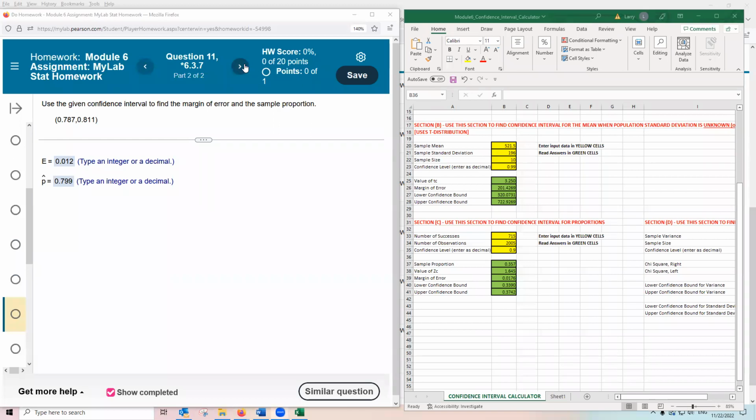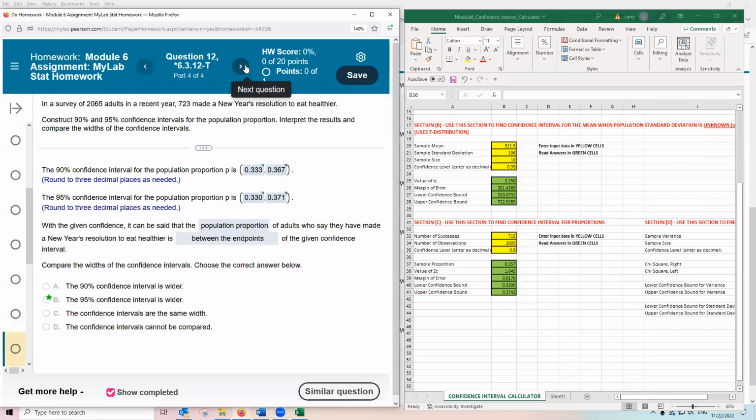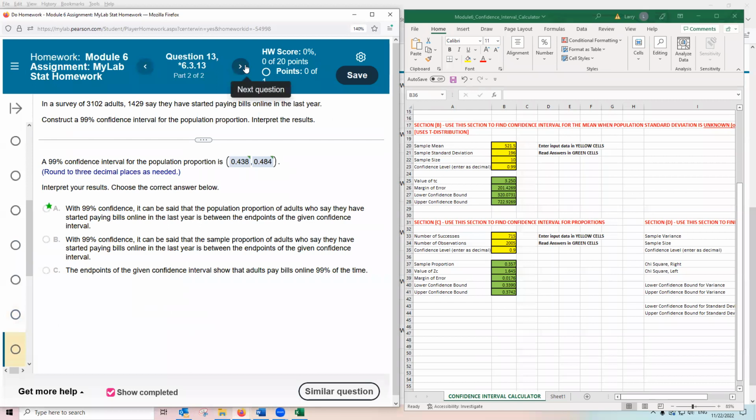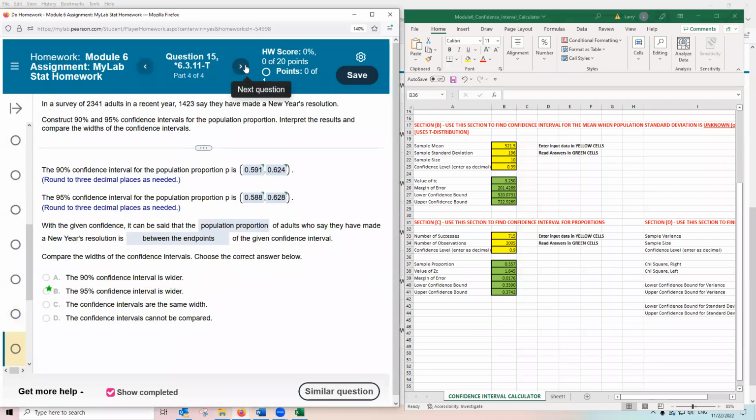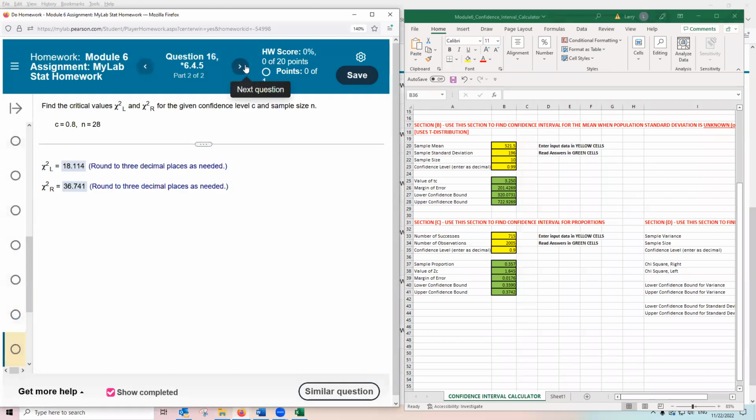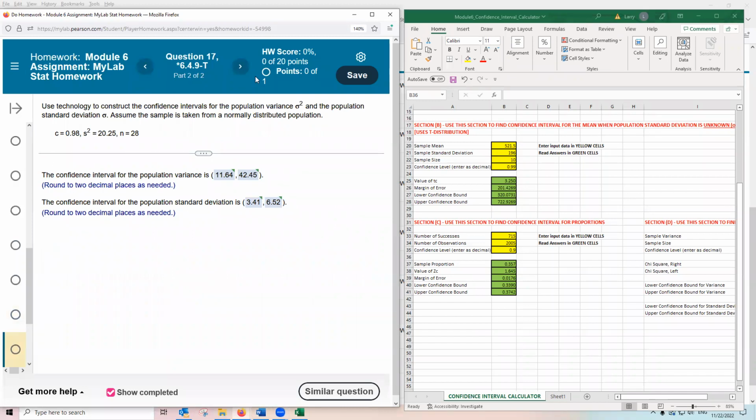All right, folks, let me do one more confidence interval for variance. Let me find an example on that. All right. So what they're asking us here is find a confidence interval for the population variance sigma squared.